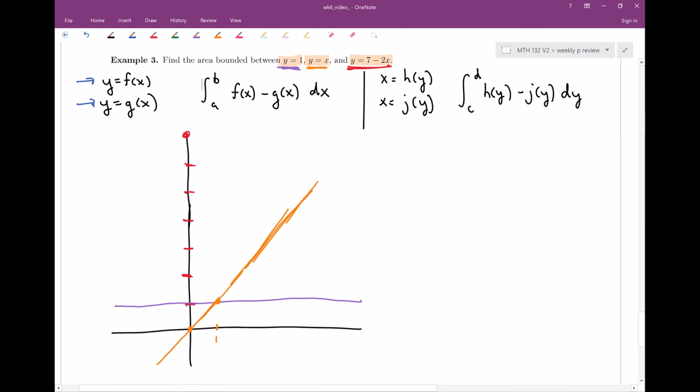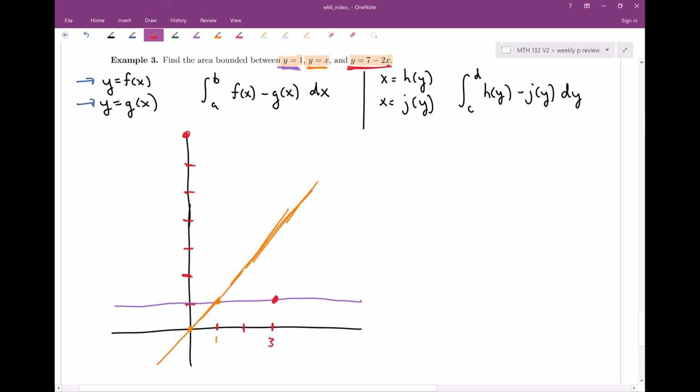Okay. So it starts up at height 7. Again, that's if I plug in 0 for x, I'd have a y value of 7. And notice if I plug in an x value of 3, we would have 7 minus 2 times 3, that would be 7 minus 6. So that would have a height of 1.